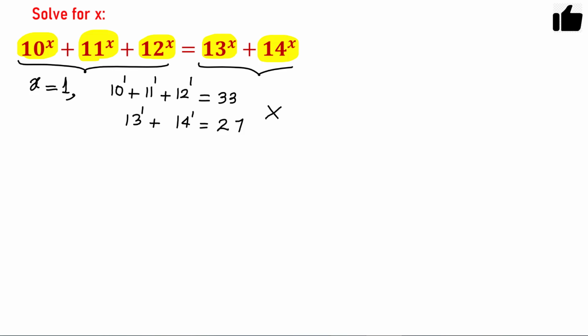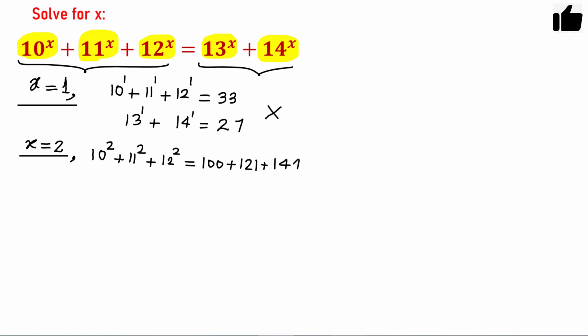Now let us check x equals 2. In this case you will have 10 raised to the power 2 plus 11 raised to the power 2 plus 12 raised to the power 2. This is your left hand side. So 100 plus 121 plus 144, and this value is 365.